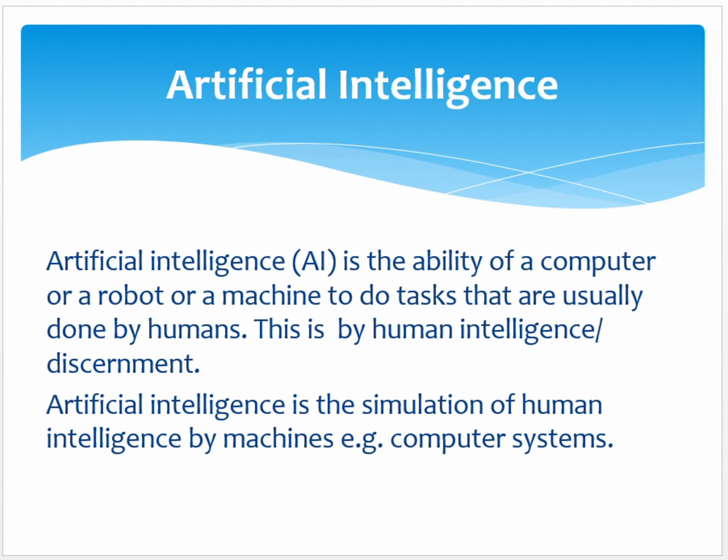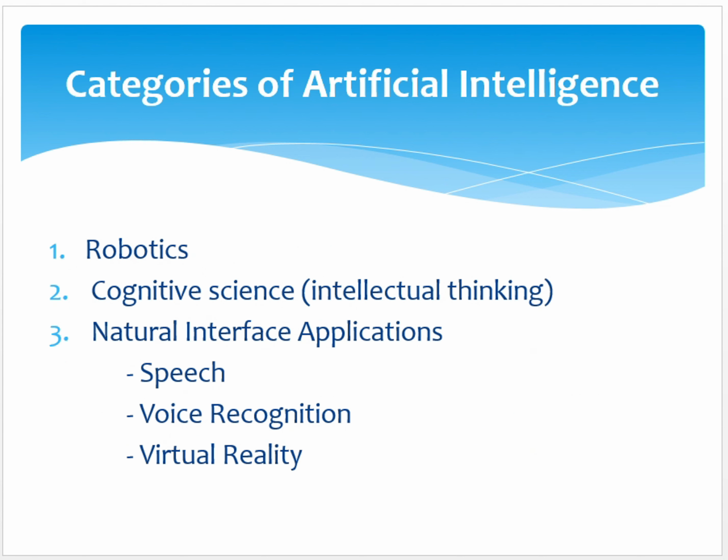So it does some simulation to simulate human intelligence. This is what we call artificial intelligence: the ability of a gadget or a computer or a robot or a machine to do tasks that are usually done by humans, to simulate human intelligence. It is what we refer to as AI.